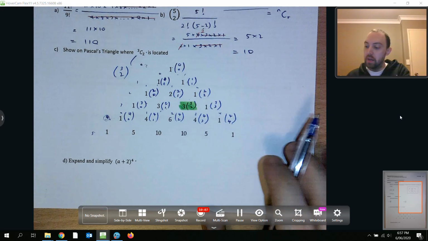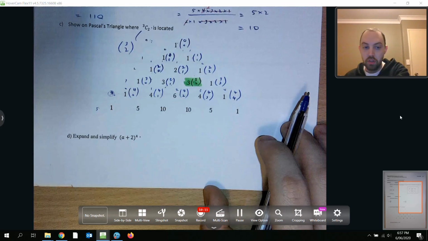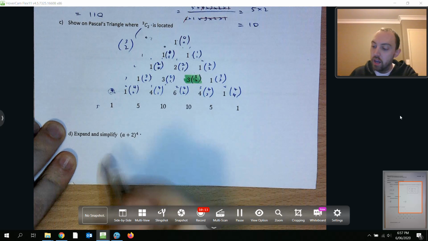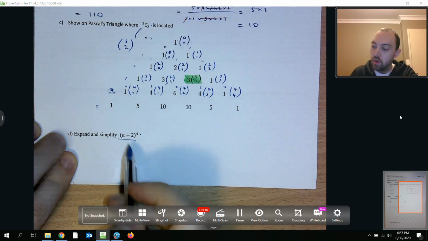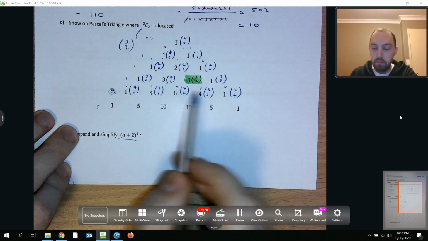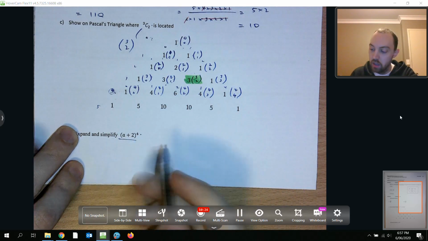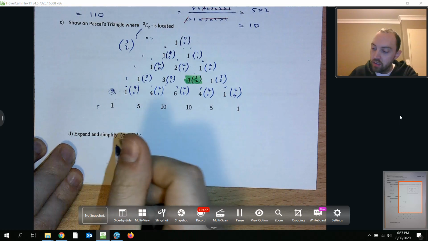Alright, part D: expand and simplify (a + 2) to the power of 4. Now, because Pascal's triangle links directly into my choose function and binomial expansion, I know what this is going to look like.